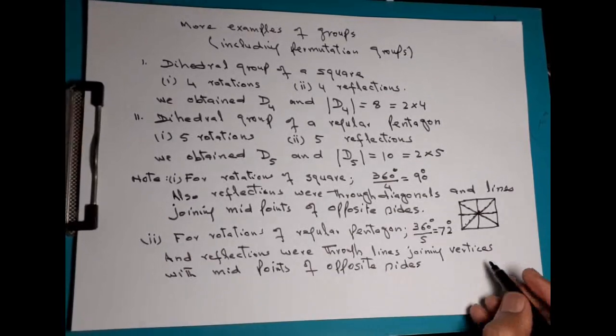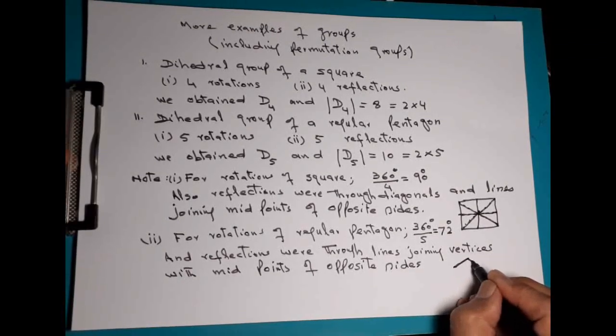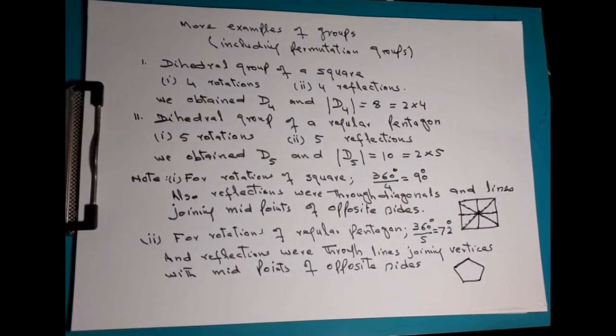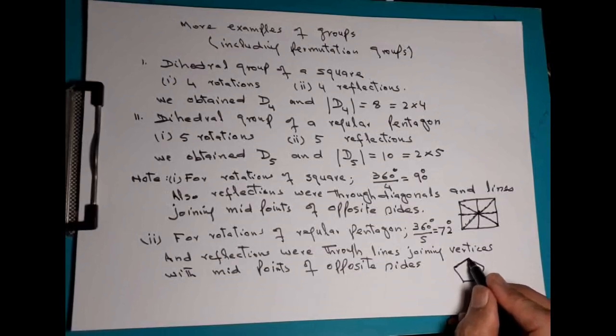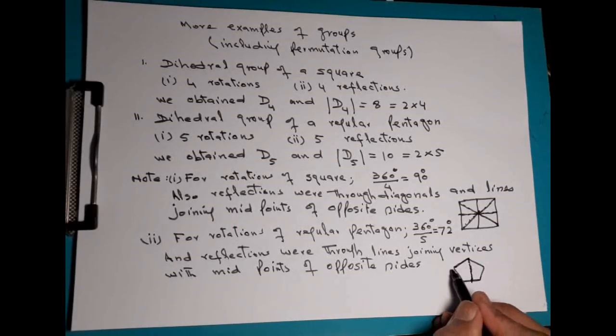Let me draw the diagram. Let's see, this is the pentagon. It may not be a very good diagram, but just to understand. We will take one particular vertex. Suppose we take this vertex and this is the opposite side. We take the midpoint of this opposite side and join this vertex with this midpoint, and we took reflections about this line. Next, suppose we take this vertex, then this is the opposite side of this vertex.